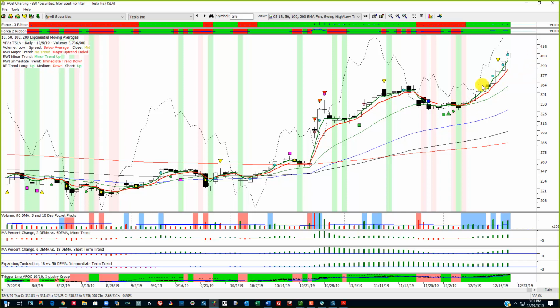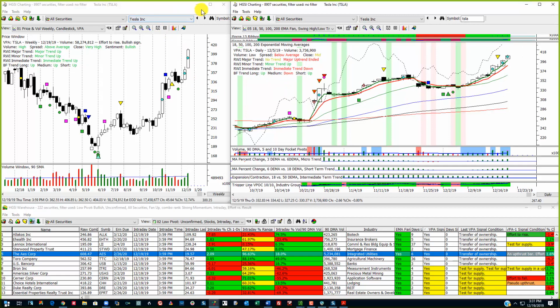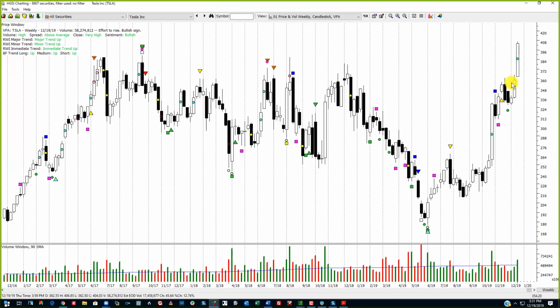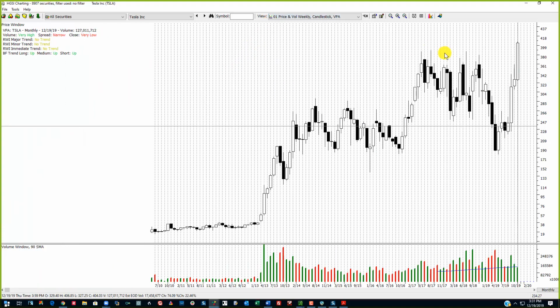Whoever was short Tesla has just been getting creamed. You know, there were some professional shorters out there that have been short Tesla, and I believe they've had to cover because Tesla, let me put a crosshair on here. It's using a weekly chart. It's out to a new high. Let's look at the monthly. It's out to an all-time high now.